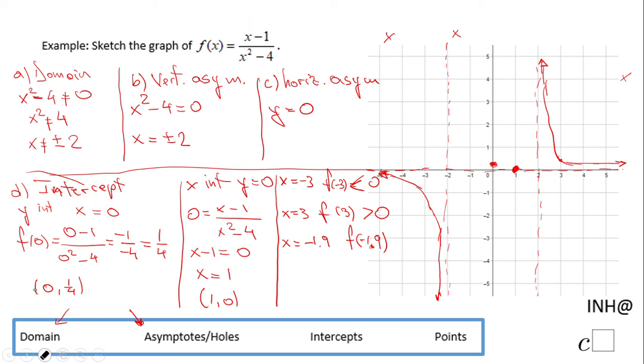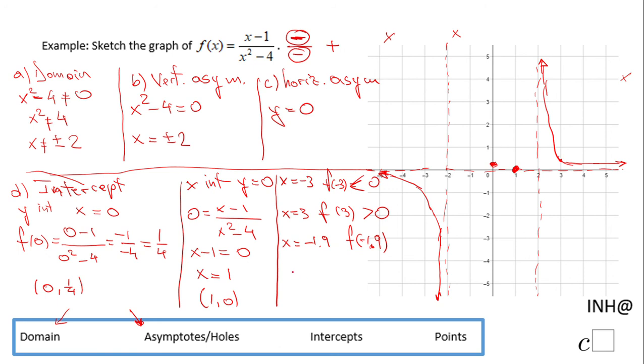With -1.9, the numerator is going to be a negative number, and -1.9 squared is less than 4, minus 4 will be a negative number. You can grab a calculator and evaluate if you need it. That tells us the outcome, if we have -1.9, is a positive number.